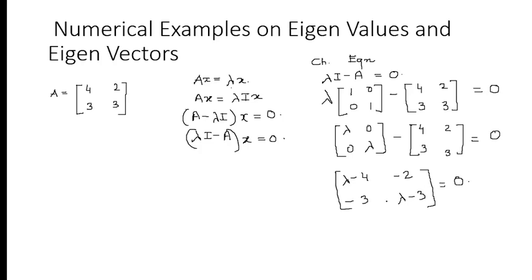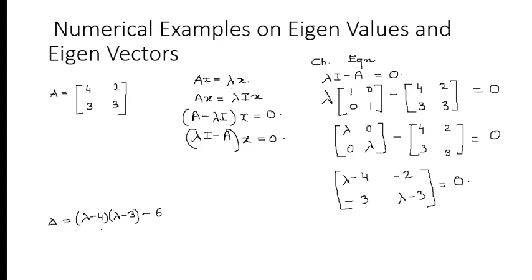So what we have to find is the determinant of this matrix. The determinant is lambda minus 4 into lambda minus 3, minus 3 2s are 6.